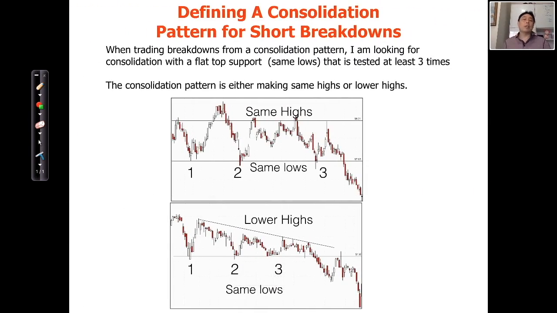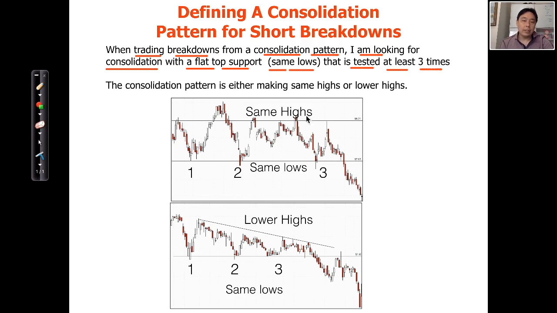Now, on the short side, when we are trading breakdowns from a consolidation pattern, I'm looking for a consolidation with a flat bottom support. So in this case, I want the support to be horizontal, that is making same lows and is tested at least 3 times.